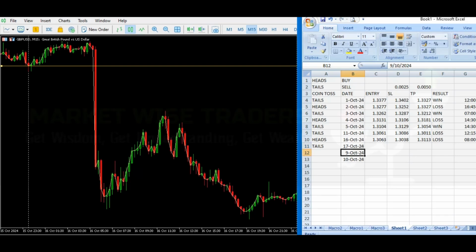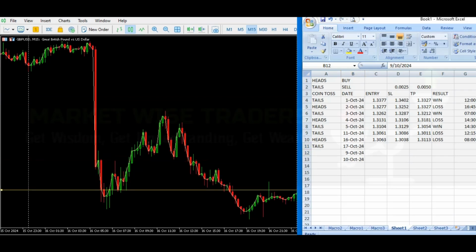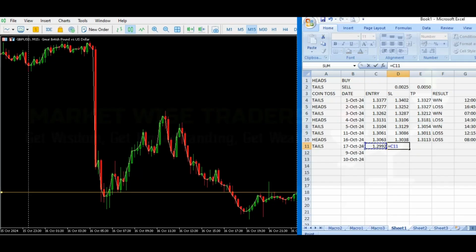Tails says we buy. Okay, let's move our entry point down here. What is our entry point? 129.92. If we are buying, that means my stop loss is below and my take profit is above.